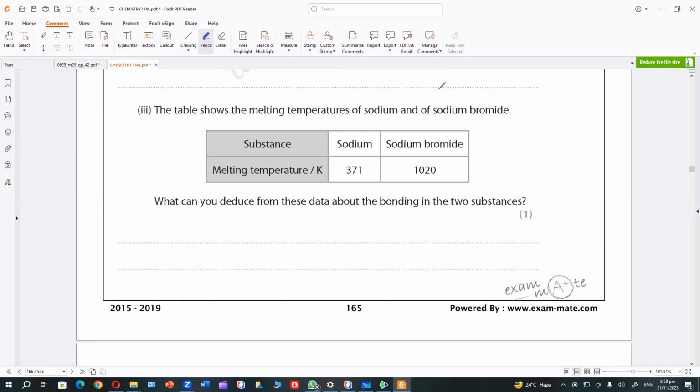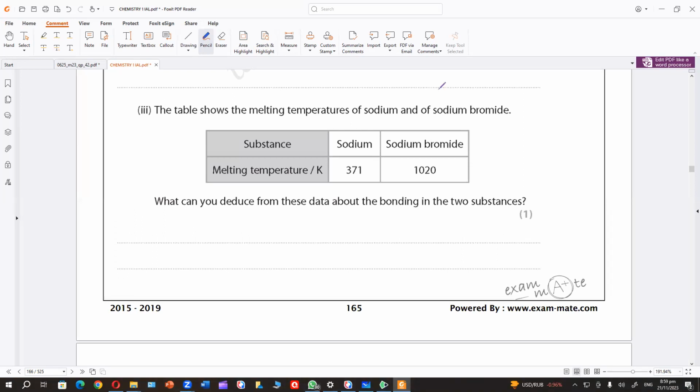The table shows the melting temperature of sodium and of sodium bromide. Sodium is 371 and sodium bromide is 1020.